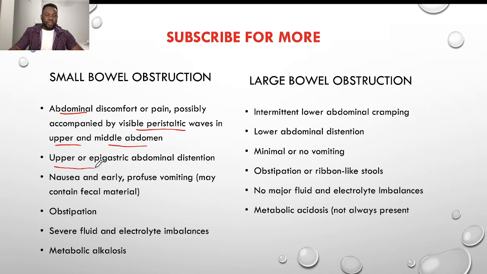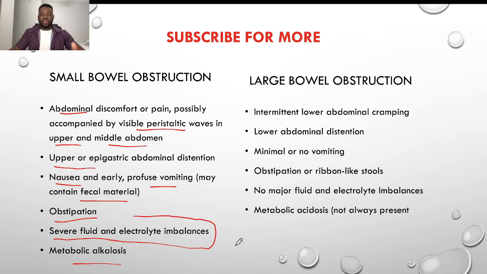And so it's going to be upper or mid epigastric abdominal distension. They have nausea and vomiting. The vomitus may contain fecal matter. They have obstipation. They have severe fluid and electrolyte imbalance and metabolic alkalosis because they are throwing up all the acidic content, so they are left with alkali.